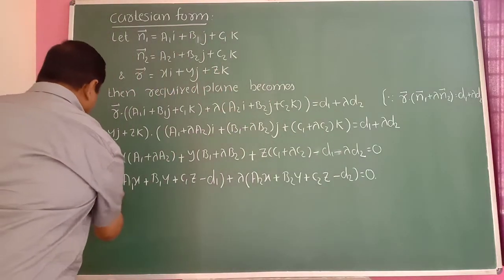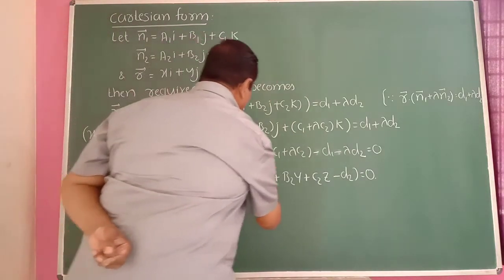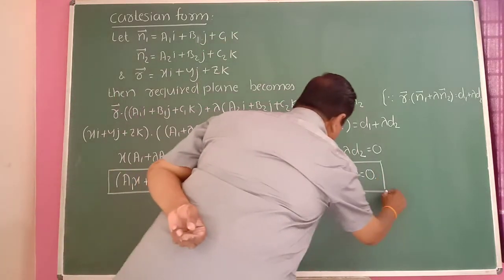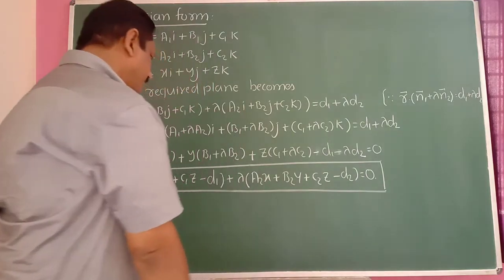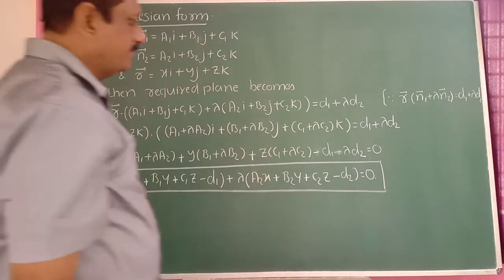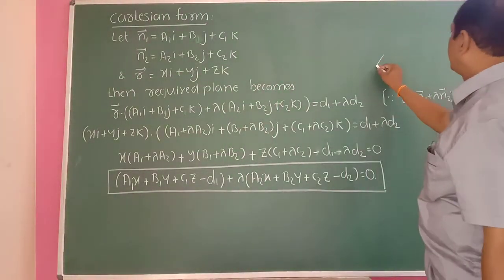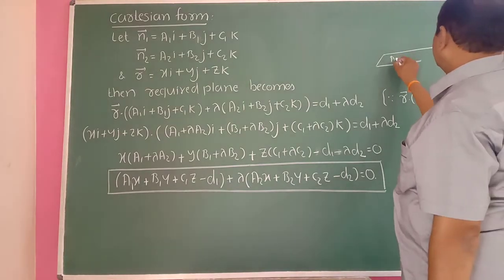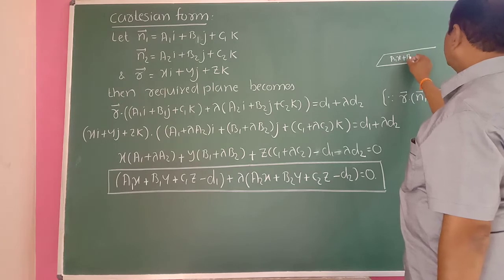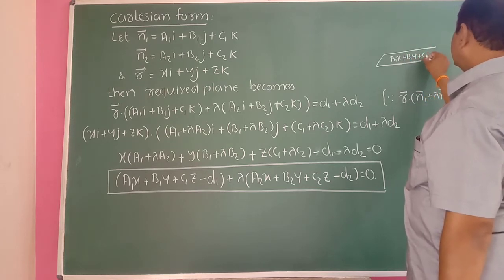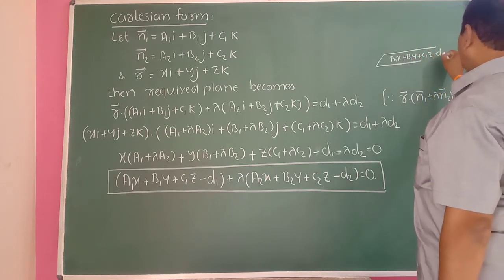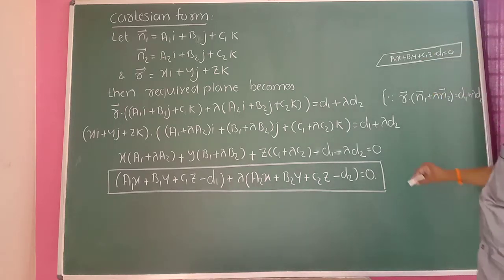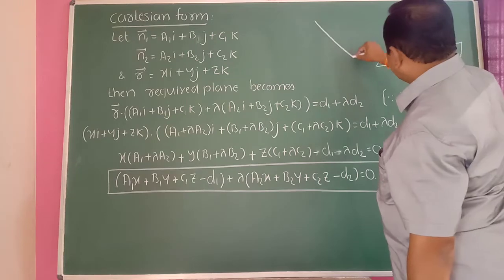Therefore, this gives the equation of the plane passing through the line of intersection of the two given planes. This is one plane; its equation is A1x plus B1y plus C1z minus D1 is equal to 0.